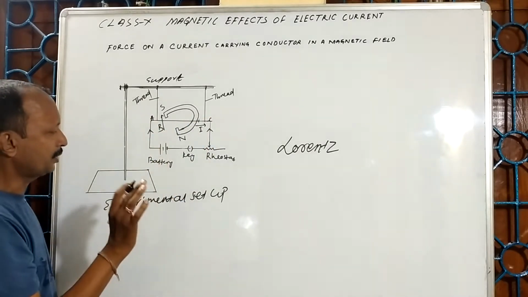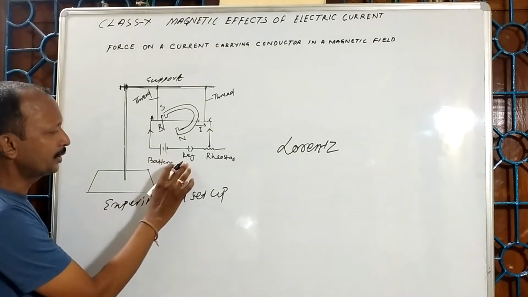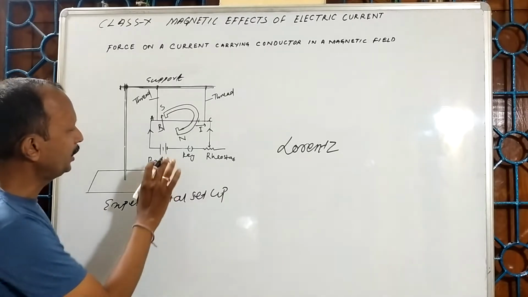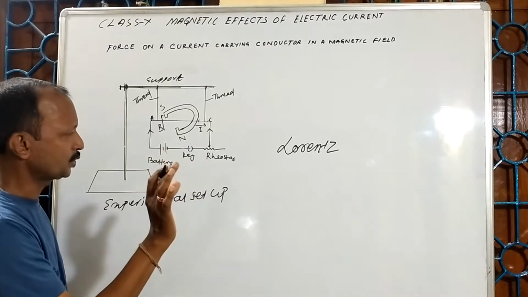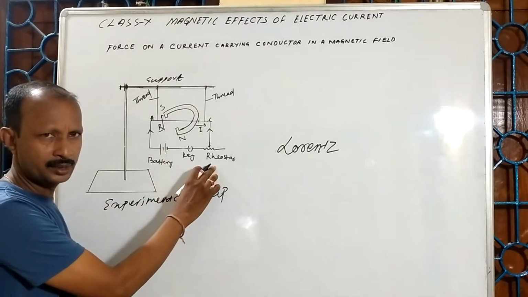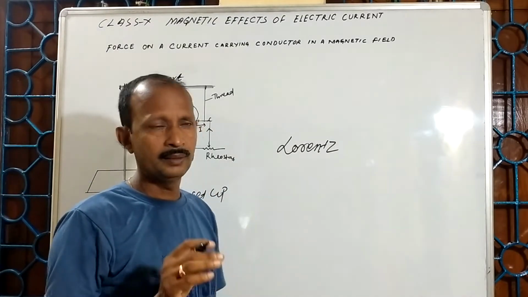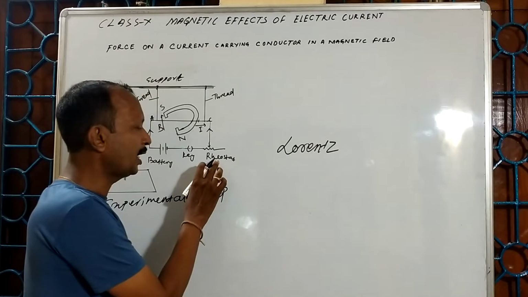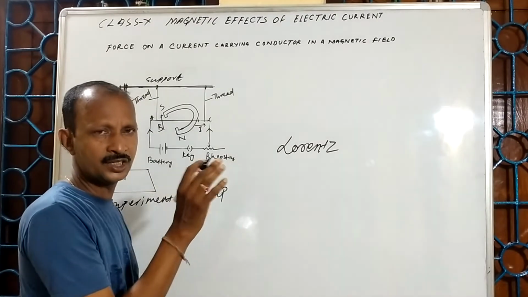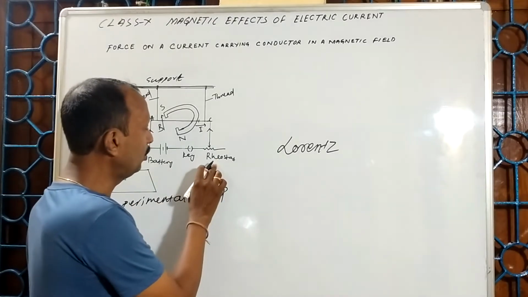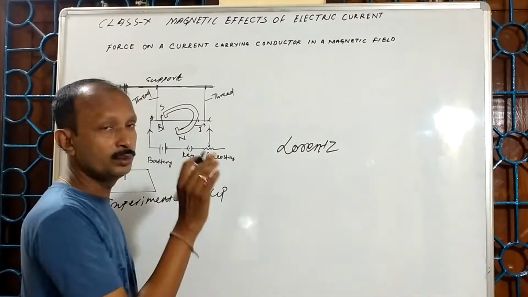This is in a circuit with battery, key and rheostat. Already you know the different parts' functions. This is a rheostat. It is a variable resistor. By the adjustment, we can vary its resistance. As a result, it can allow different values of current.